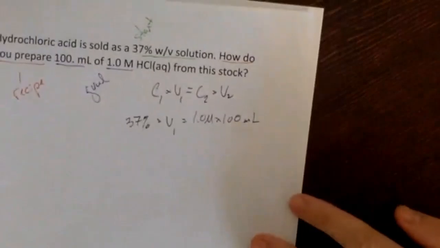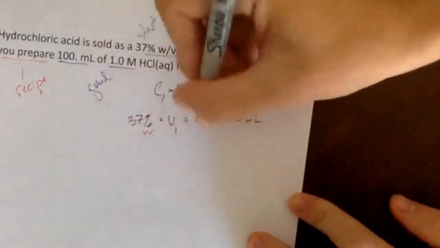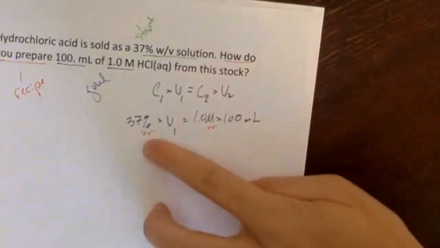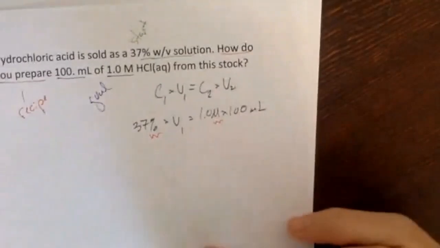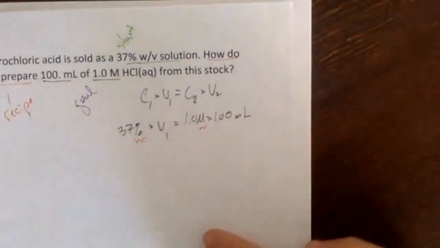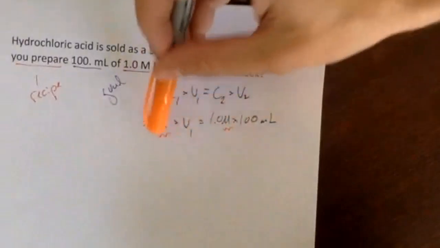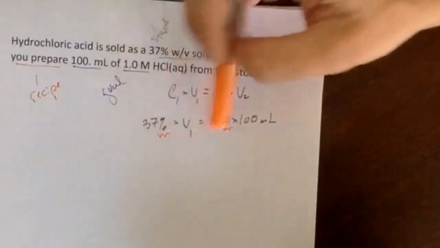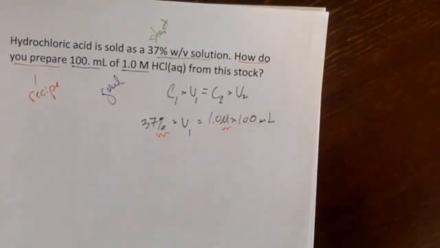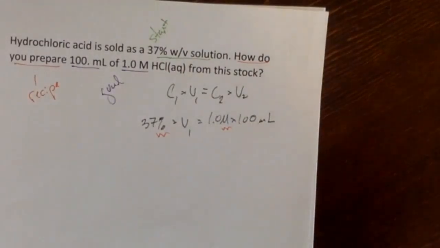And so we can see that we have an issue. That's concentration, or percent, and that's molarity. Those are two different concentration units. That means if we just divide out 37%, those will not cancel and we won't get a useful value. The dilution equation won't work.